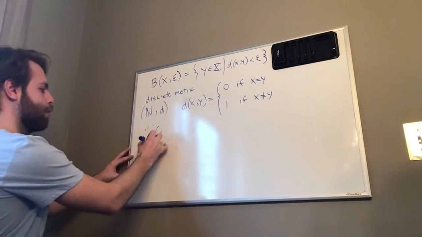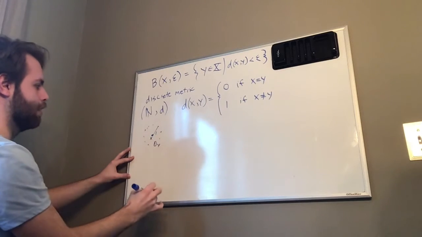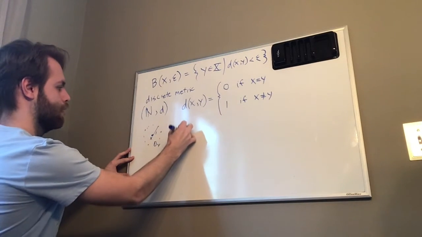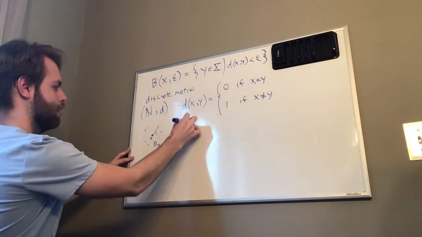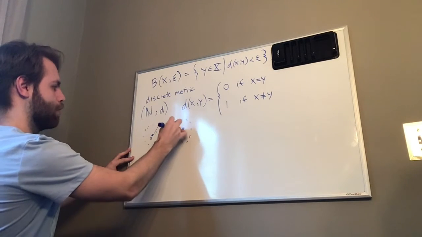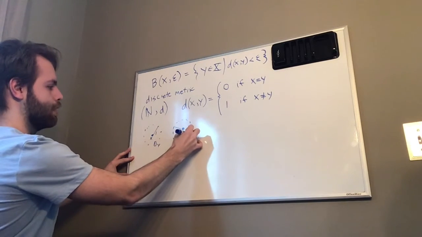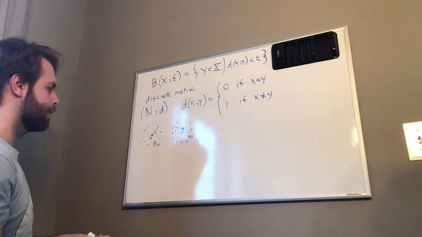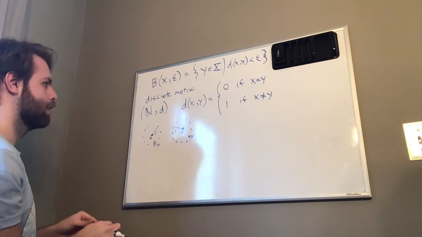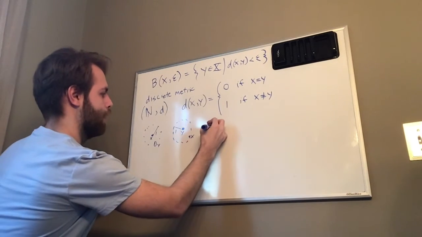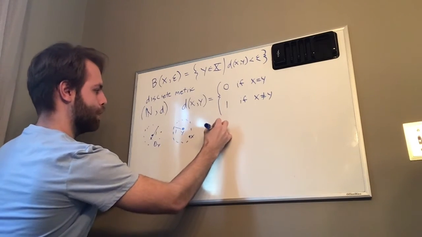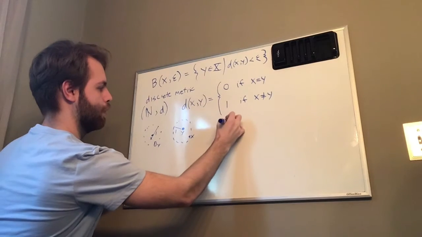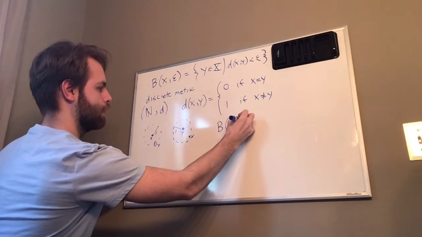If I looked at some other point, call it y, I could draw the same picture: all the other points are around y with radius 1, and maybe x is over here with radius 1. So, with this in mind, I want you to find the ball around 3 of radius 1.